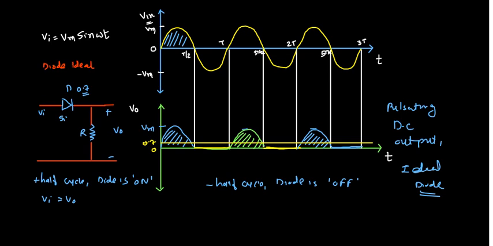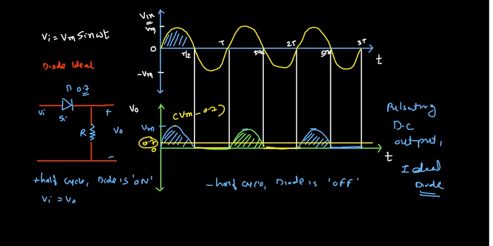The signal will start from here directly, and the output peak will be Vm minus 0.7. So this will be our starting line if the diode is not ideal.